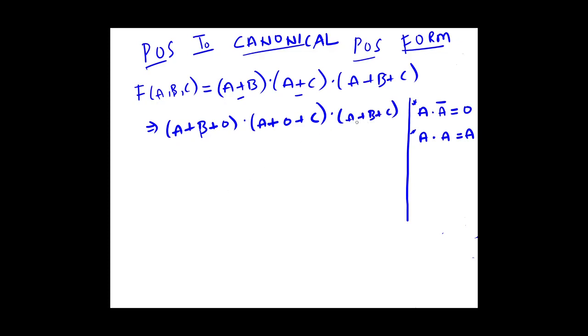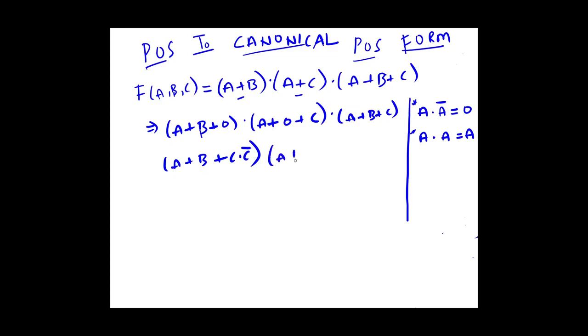Now, in place of 0, you already know that A times A bar is equal to 0. So in this term I don't have the variable C, so here I'll add C into C bar. In place of 0, I'm just replacing it with C into C bar.